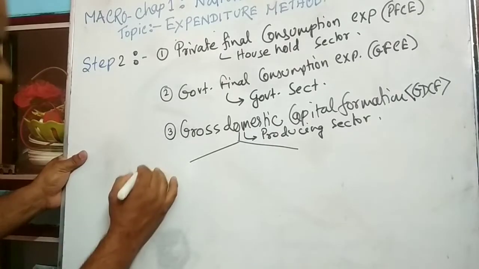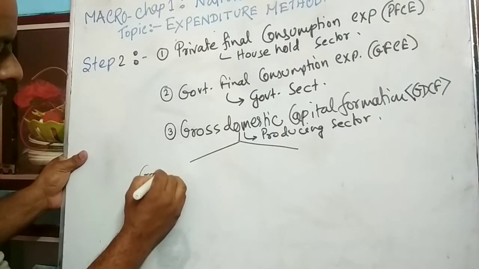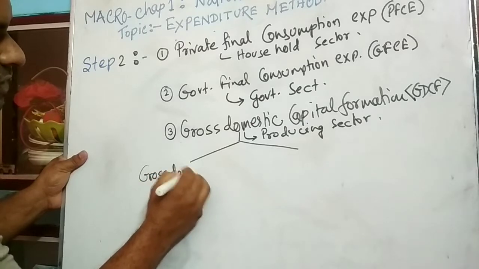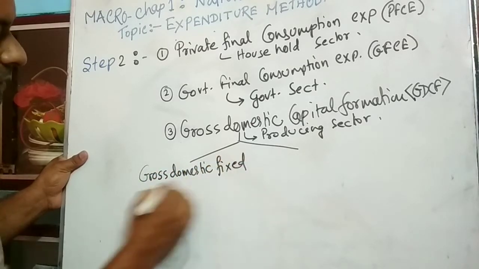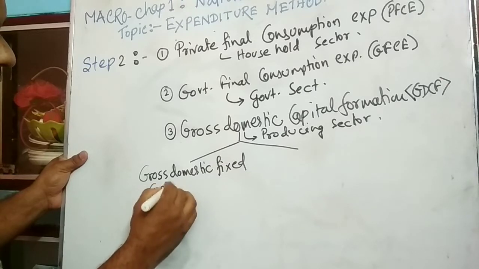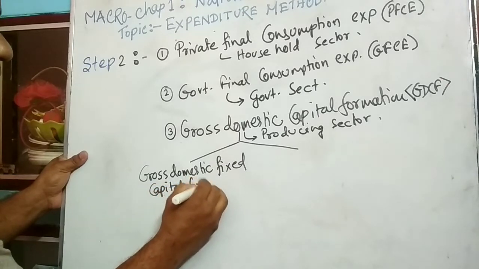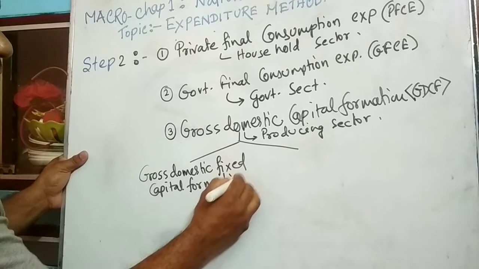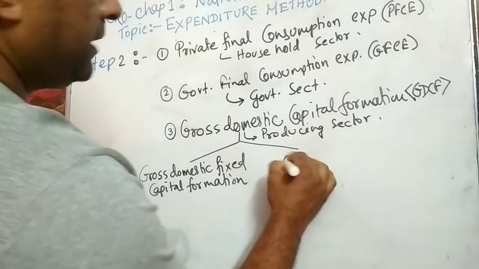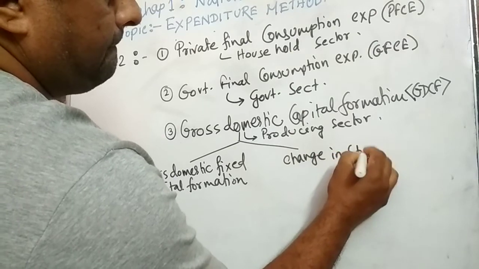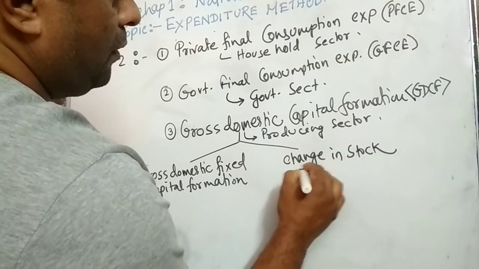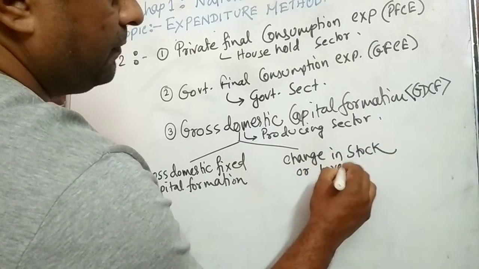First one is gross domestic fixed capital formation, and second one is change in stock or inventories.